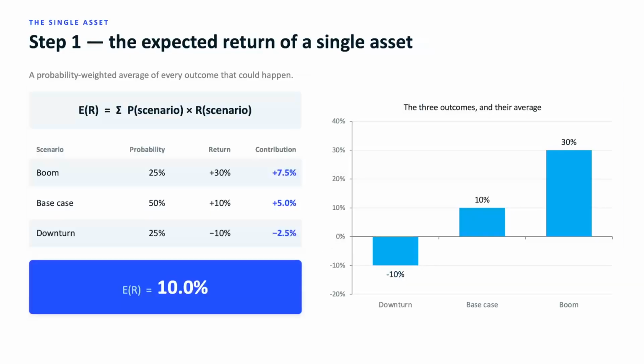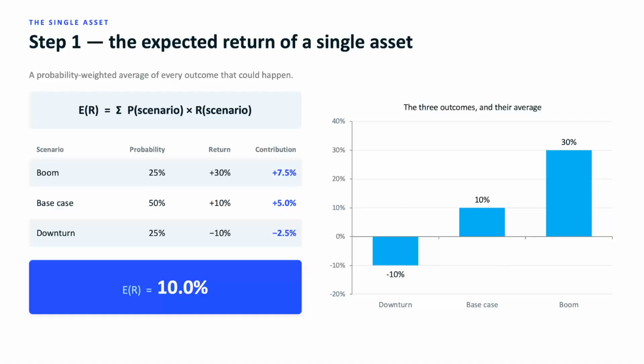And let us understand why. Step 1 is the return of a single asset. Nobody knows what next year holds. So if you are an investor looking at different assets, nobody knows how the future is going to unfold.